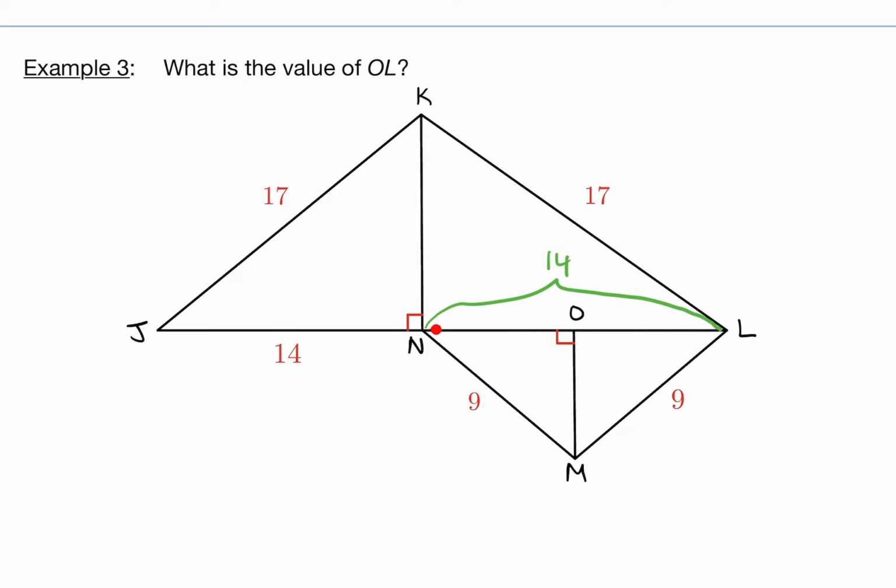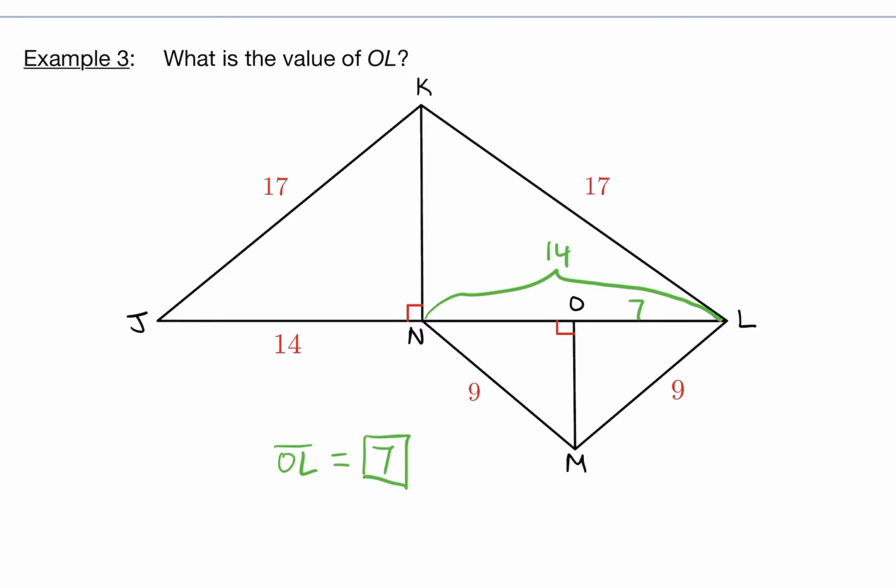Okay, well, we know NL, we just solved, is 14, and so half of 14 is therefore 7. Okay, and so our answer is OL is equal to 7. Okay, all right, so let's move on to the next theorem.